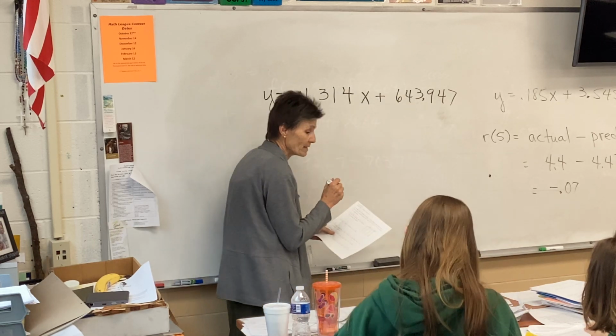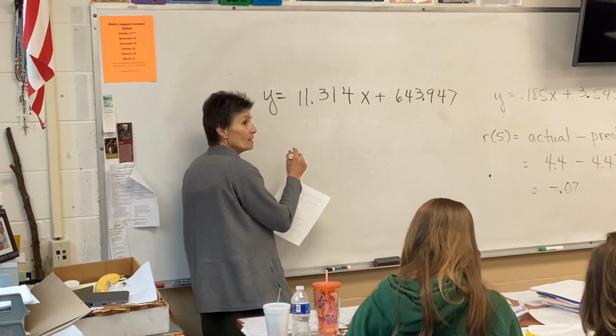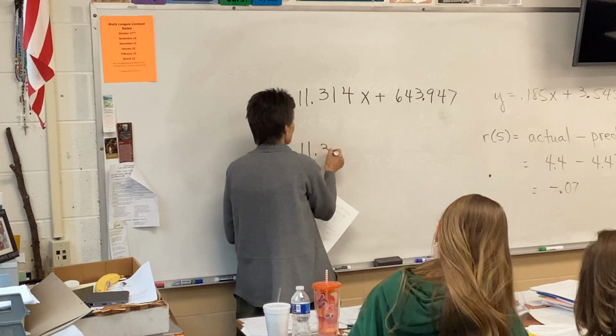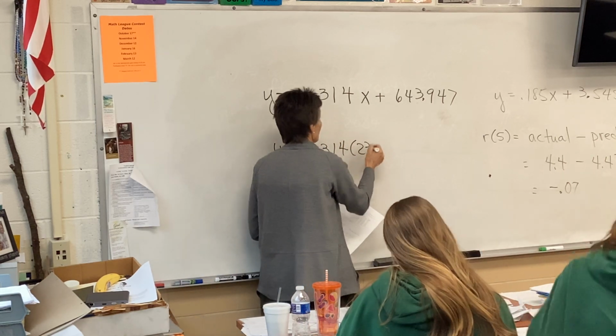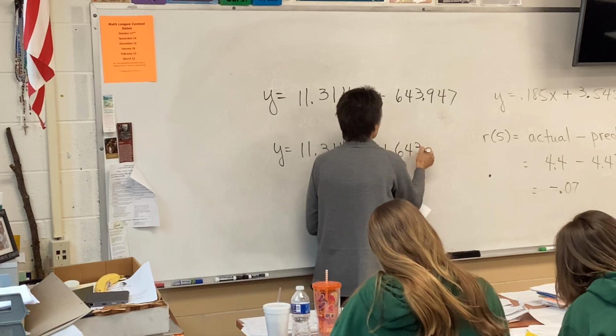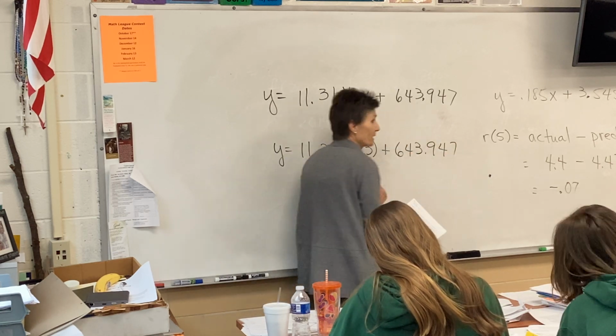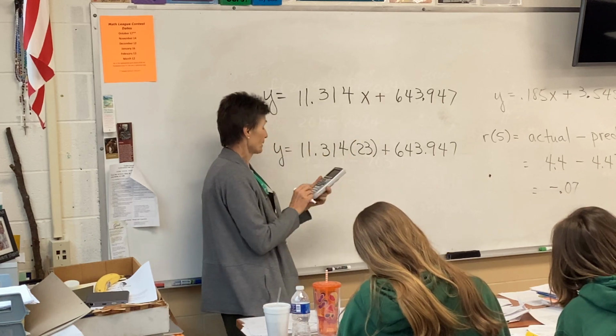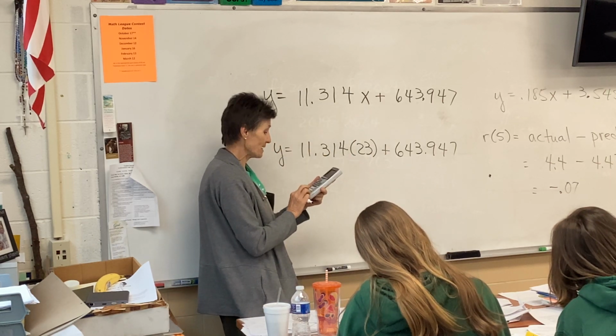Okay, what is F of 23? Well, F of 23 is not in my table, is it? So I'm going to have to find F of 23 by simply plugging in 23. There are other ways you can do it, but this is just as easy. Just plug it in and see what you get, and then tell me what that number means.